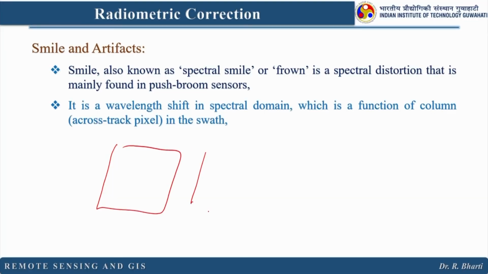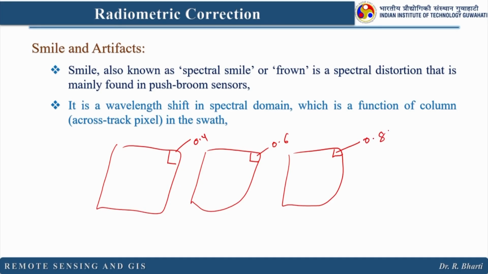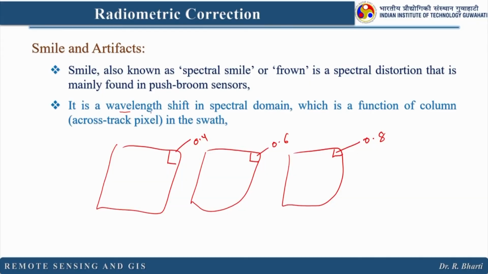Now let me explain in terms of images. So you have, let me say, 3 images, and this particular pixel we will consider here. And let us say this is 0.4 micrometer, this is 0.6, this is 0.8. Now how are we going to explain this wavelength shift here?